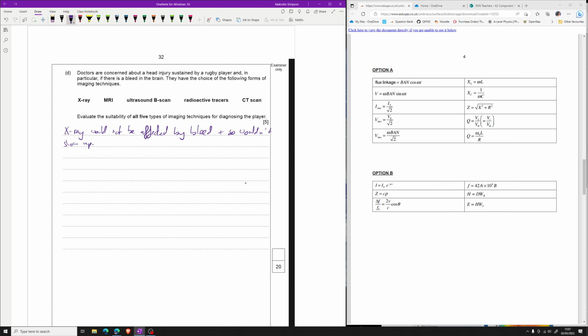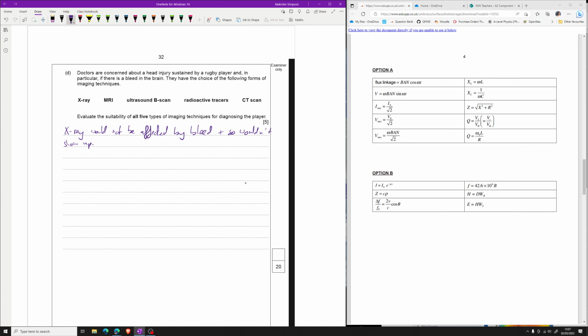Maybe not the best way to phrase this, but X-rays just won't notice the difference between blood and brain. So it just wouldn't show up is the point I'm trying to make.